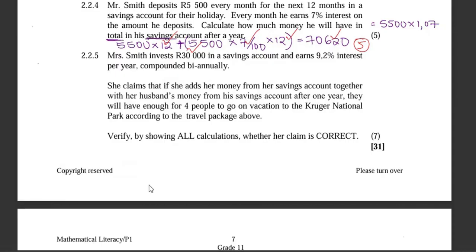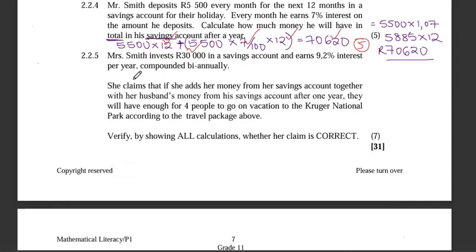You have 5,885, and then times 12. That's another method. So simple also, but it's fine.